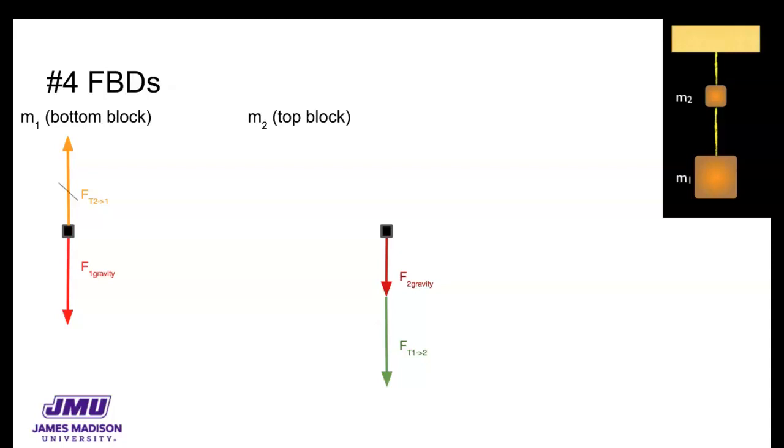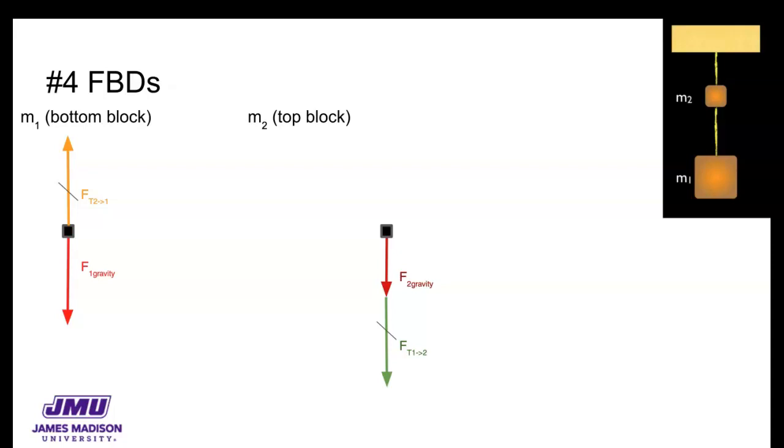I know that that is equal to the upward tension force on block 1 due to block 2. And when I say it's equal, what I mean is this is actually a Newton's third law scenario where these are the exact same interaction. So those two forces, the gold one and the green one, I put that hash mark between the two to indicate they're equal to each other. They're actually the exact same force.